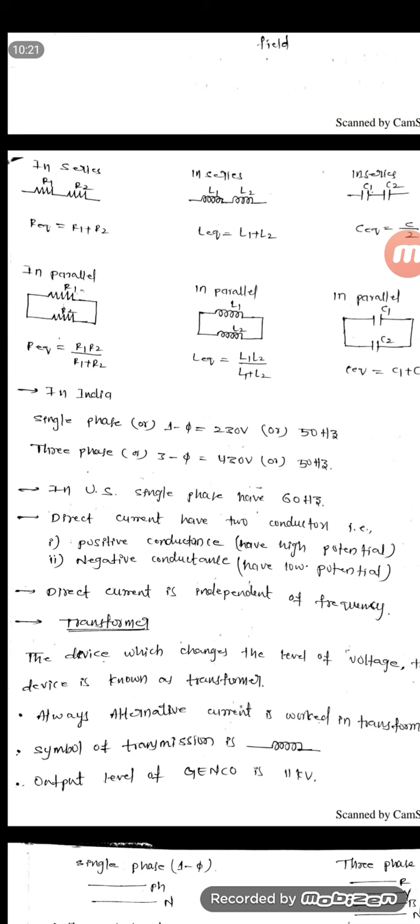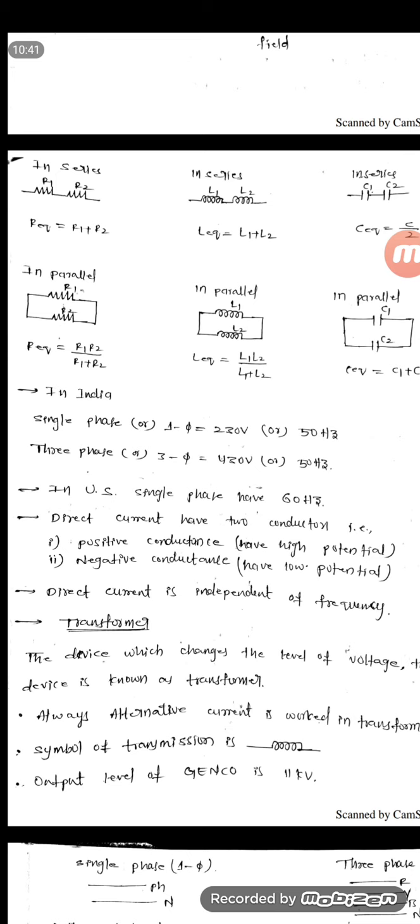If it is three phase, then the voltage value is 430 volts and the frequency remains constant, that is 50 hertz. In the US, the frequency value is 60 hertz.